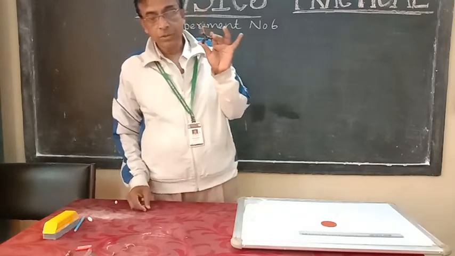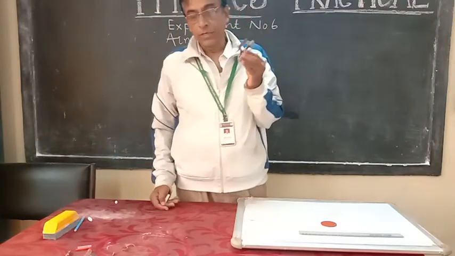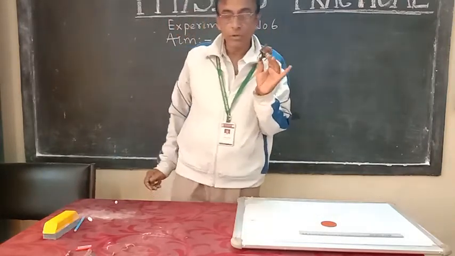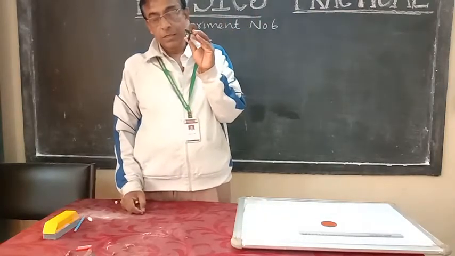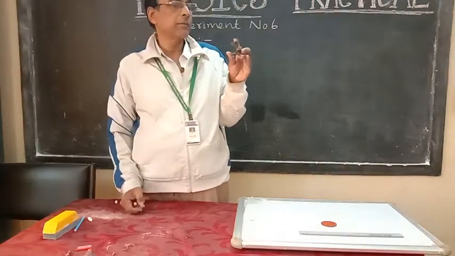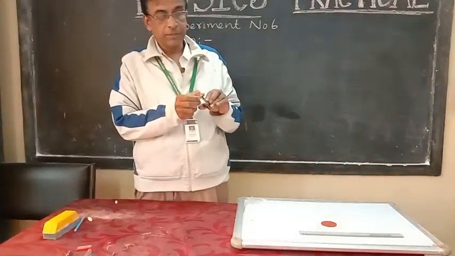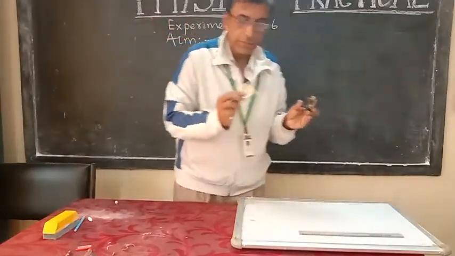It is used to measure either very small thickness or the radius of curvature of a spherical surface, and that is why we call it a spherometer. This is a spherical surface.